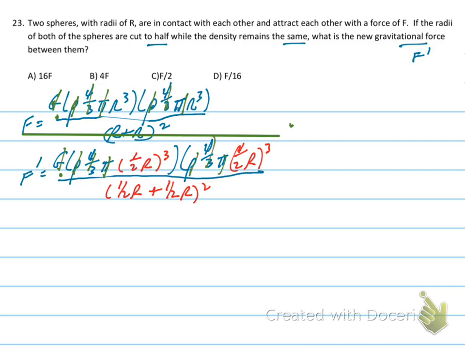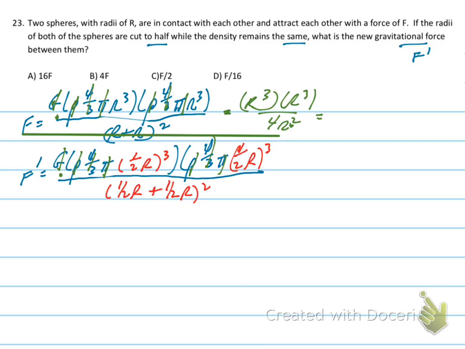So what are we left with here? For the original force, we're left with r cubed times r cubed all over 1r plus 1r is 2r quantity squared, which would be 4r squared. Let's simplify this. No, let's keep it like that.